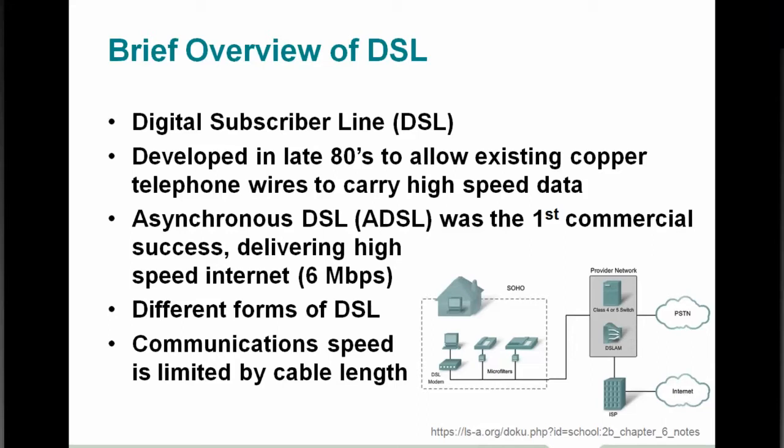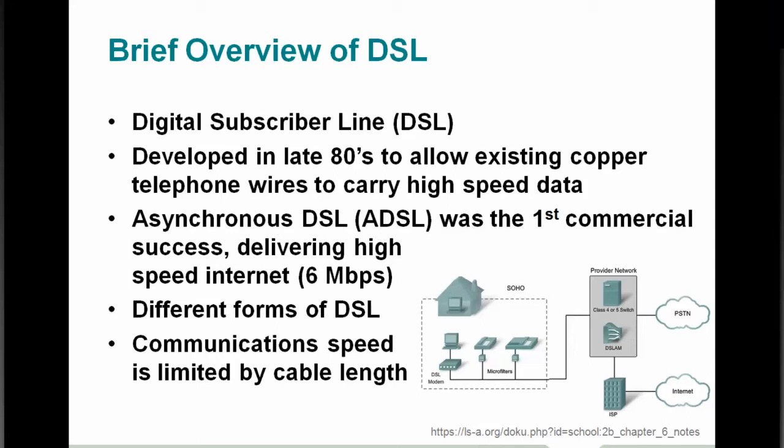The first phases of this were deployed with the telco companies or telecom companies to deliver high-speed data over, and I guess high-speed maybe compared to today's standards is not quite the same, but to be able to deliver data over twisted pair copper cabling. The technology was developed a little further to a technology called asynchronous DSL or ADSL.